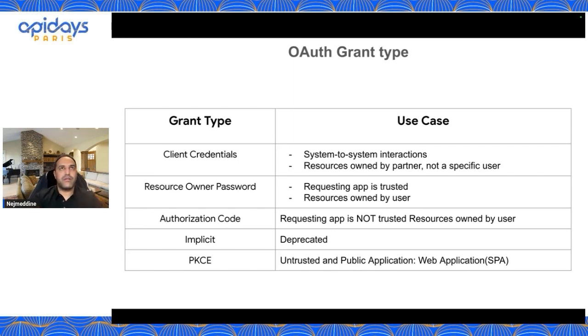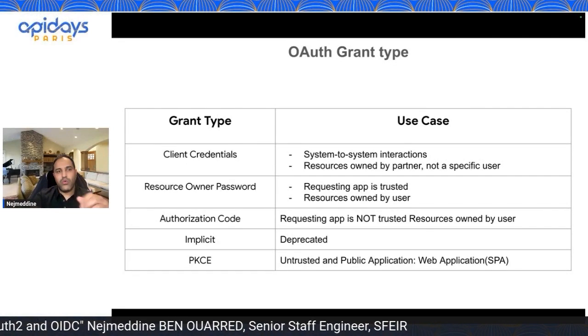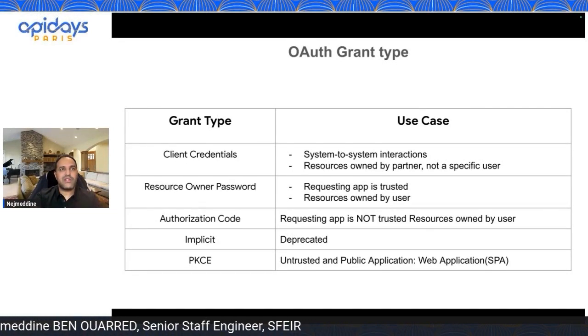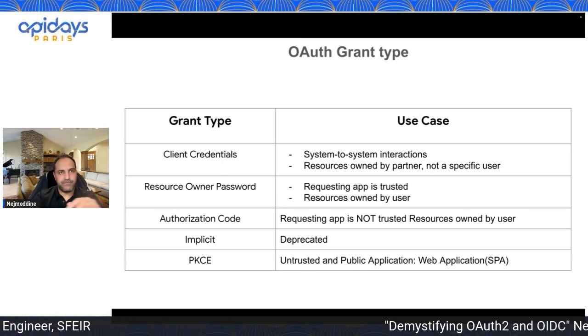Yeah, this is the right name of that. As I said, it's used when the application is untrusted and public. One well-known use case is when your application is a web application or a single page application.